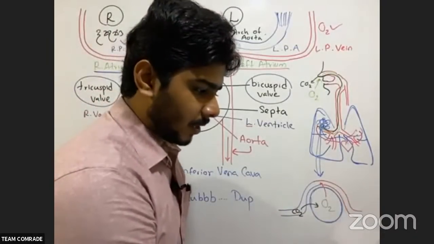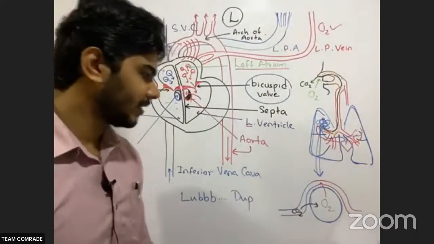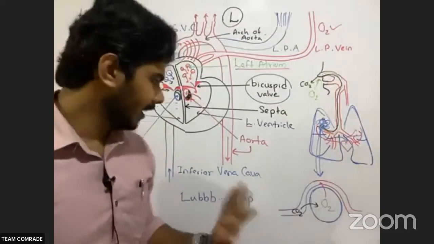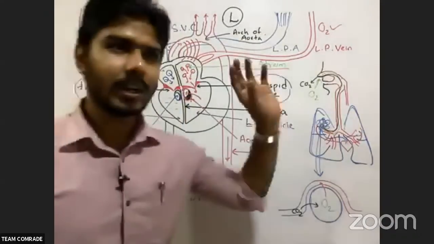Next, there are semilunar valves at the starting points of the main arteries. At the starting points, what do we have? Semilunar valves. You can keep that in mind.